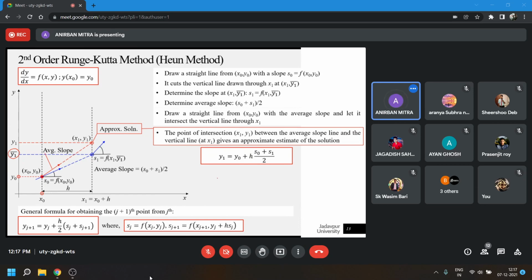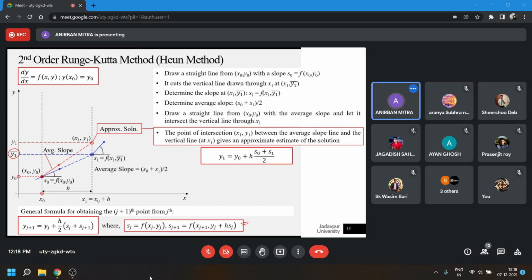They are expressed as shown here. You can check these expressions by putting j equal to 0. If you put j equal to 0, you will have y0 plus h by 2 times s0 plus s1, and of course, this will be y1. So that actually makes it equivalent to this expression. But this is the general expression.